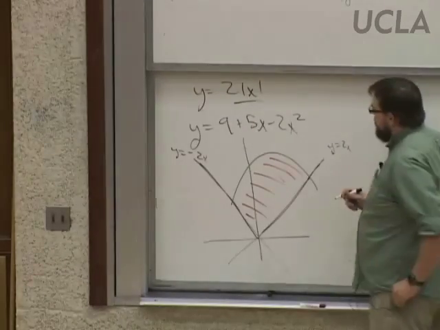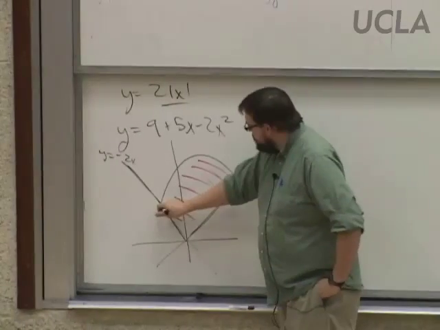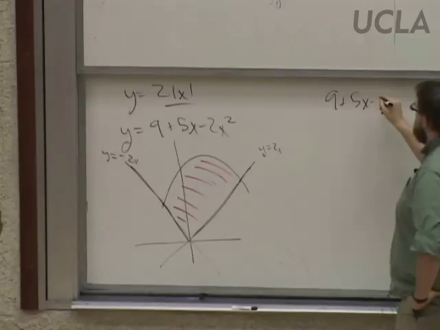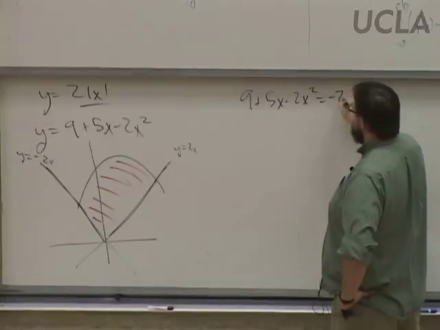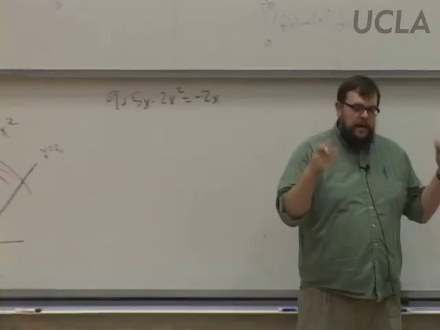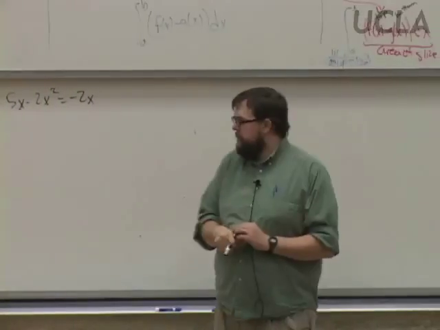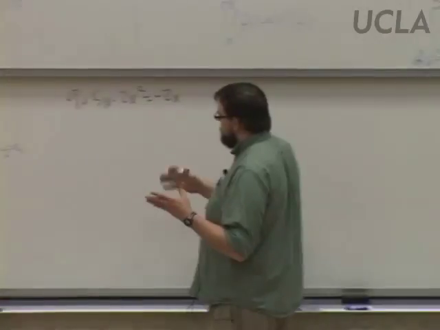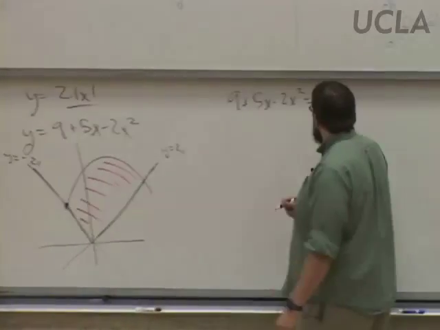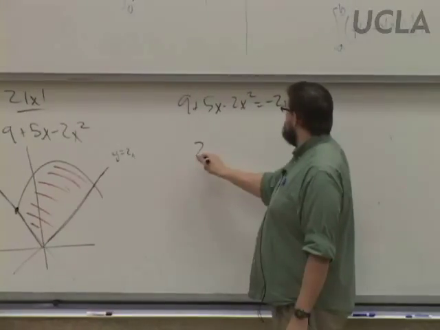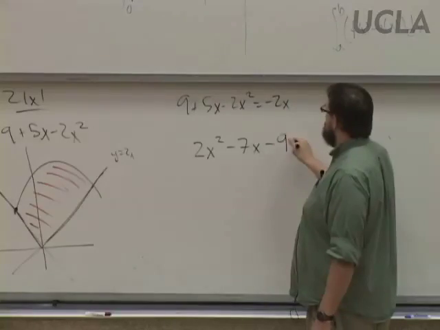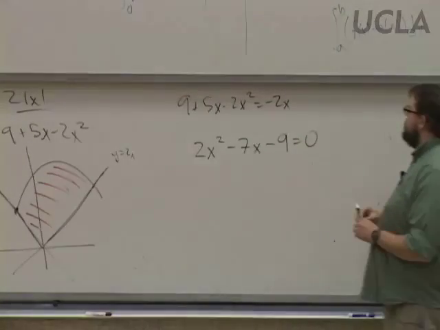So suppose I want to find the intersection. If I want to find this point of intersection, that's when 9 plus 5x minus 2x squared is equal to negative 2x, which would be the case when, for 2 absolute value of x, I'm looking at x less than 0, which is where my intersection is going to occur on this side. Well, let's see. How can I rearrange this? This is the same as saying 2x squared minus 7x minus 9 is equal to 0.